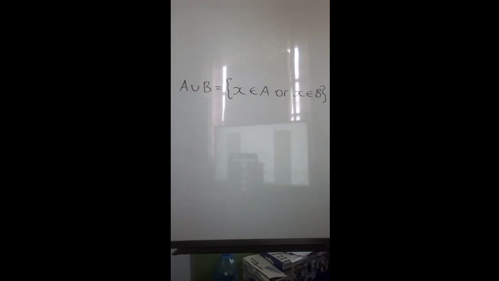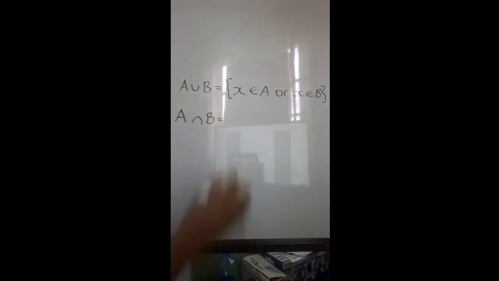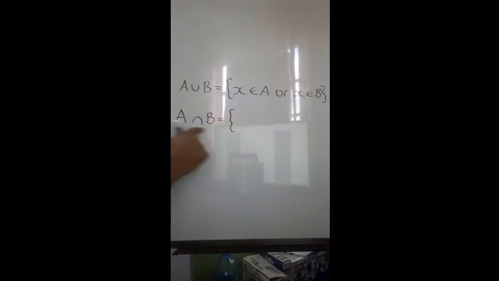Now, intersection is different. An intersection of two sets A and B is defined as A intersect B, of course. You know the intersection symbol, upside down looking N, or more like a V upside down.